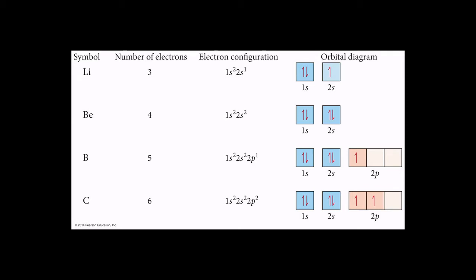We will take a look at some ions later, but for now we're just looking at the plain old elements here. We're not worrying about ions yet. With something like beryllium, which has 4 electrons, we start with the 1s, which is the lowest energy orbital or subshell, and put 2 electrons in there, and then the next 2 go into the 2s, which can hold 2 electrons.